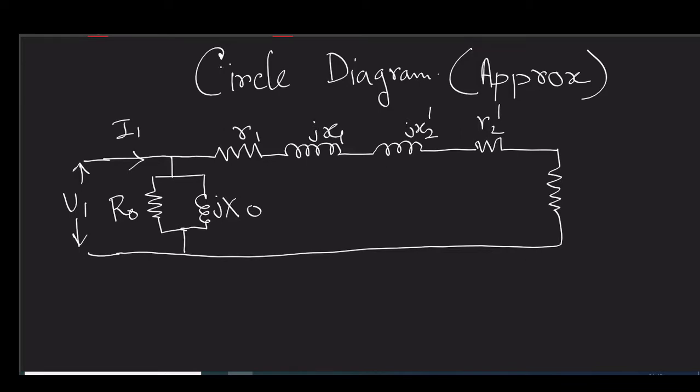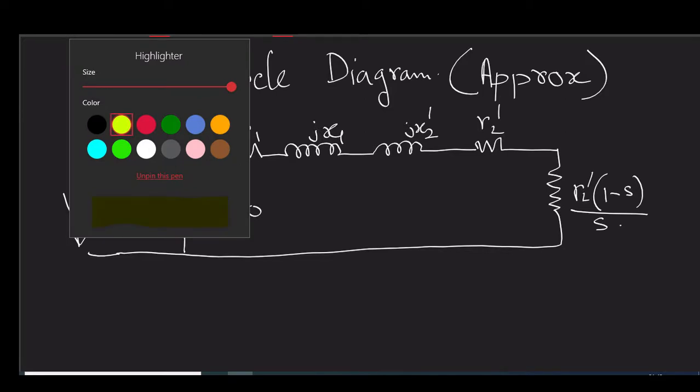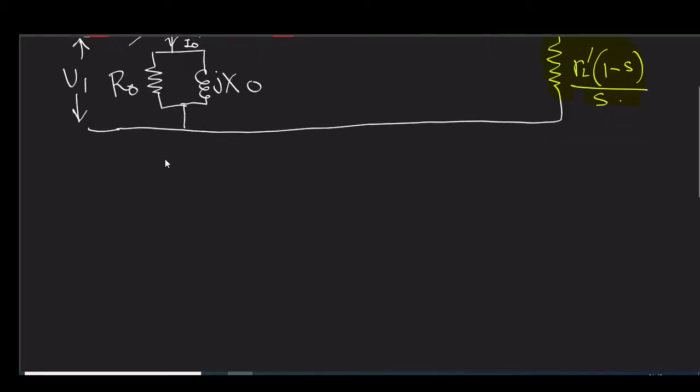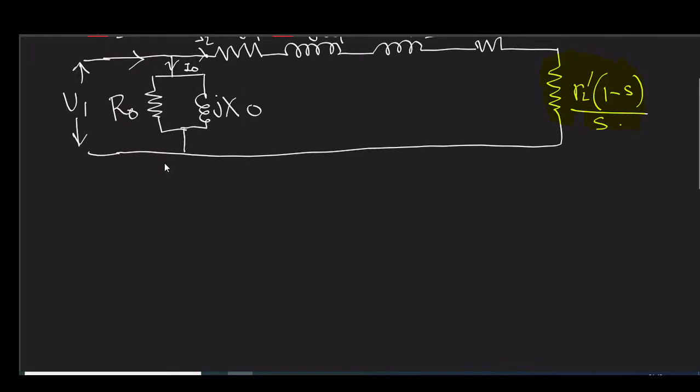The incoming current is I1, I0, I2 dash, and here we have R2 dash (1 minus S) by S. As I have mentioned, this represents a fictitious load, a fictitious resistance that is proportional to the load applied on our motor shaft. Now, let us quickly write the equations for this approximate equivalent circuit.